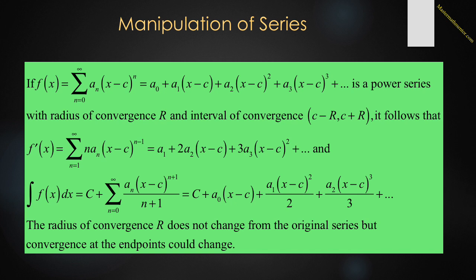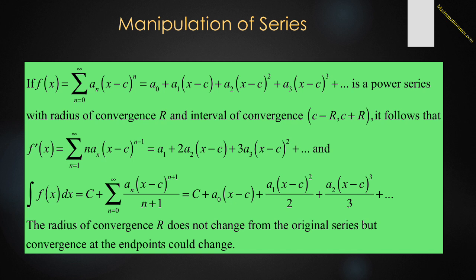We could also take the integral of our power series f of x dx, and this will be c plus summation n equals 0 to infinity of a sub n times x minus c raised to the n plus 1 over n plus 1, just using the power rule on the general term.